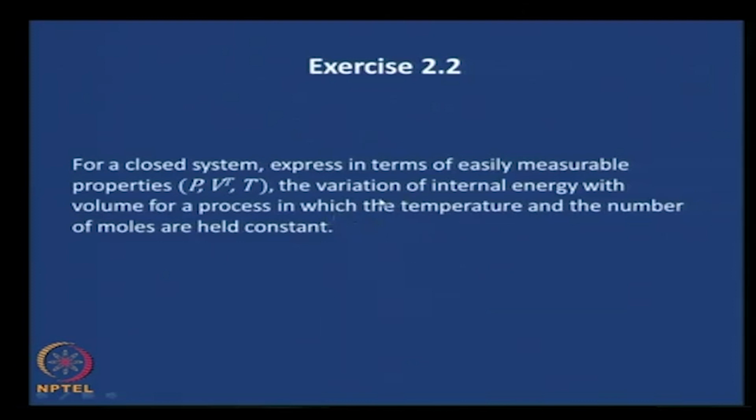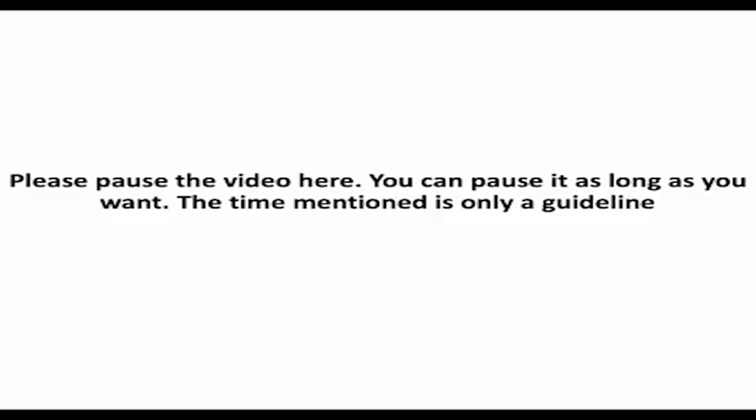Essentially we are looking for dou Ut, the variation of internal energy, with volume. So dou Ut dou Vt at constant temperature and ni. Please go ahead, you have about 10 minutes.